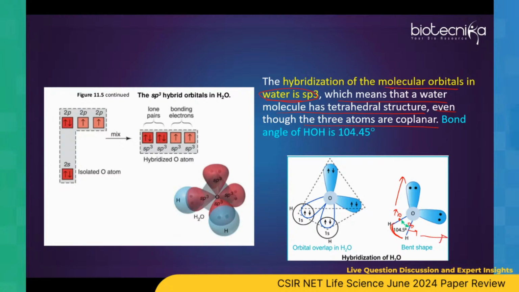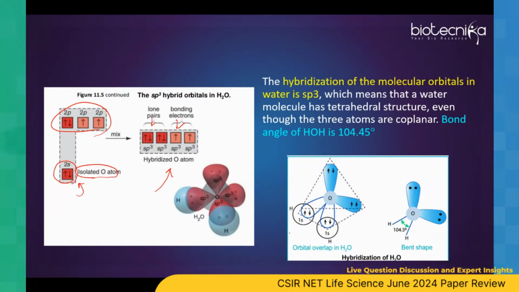Talking about the overlap, we have the mixing of orbitals in water regarding the oxygen and also the hydrogen. This is the isolated oxygen atom in which you have the 2s orbital and the 2p orbitals. But when we have hybridization in water, it becomes sp3, in which these would be lone pairs and these would be the bonding electrons.